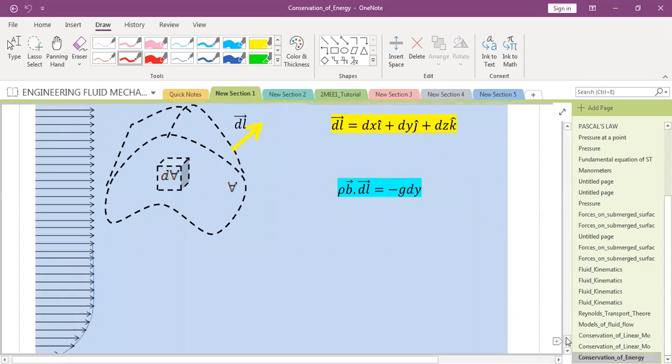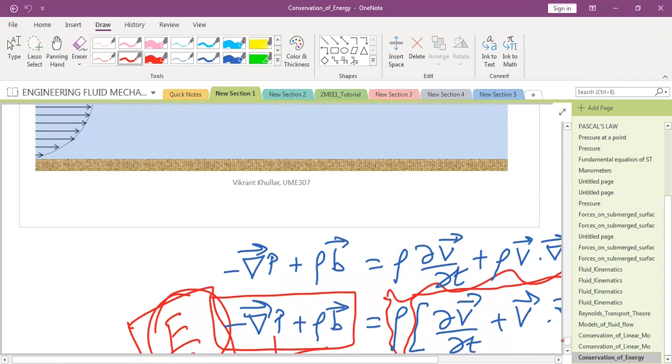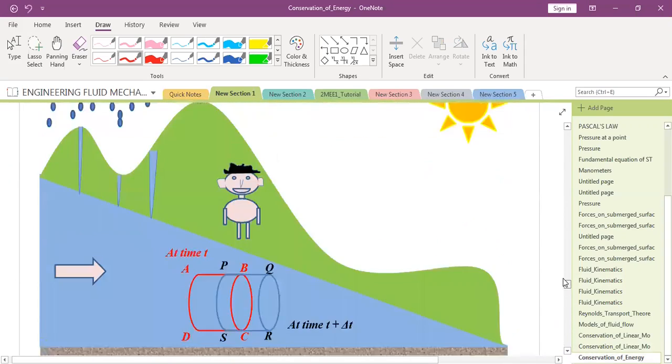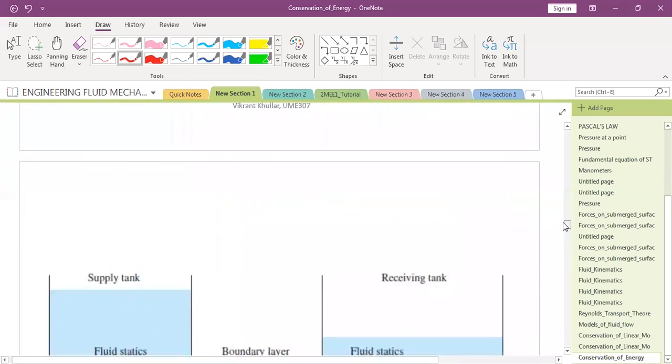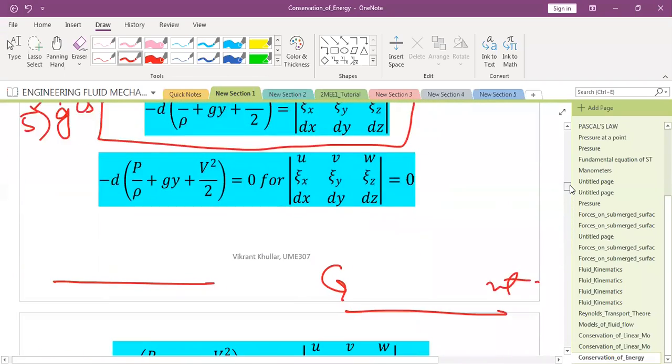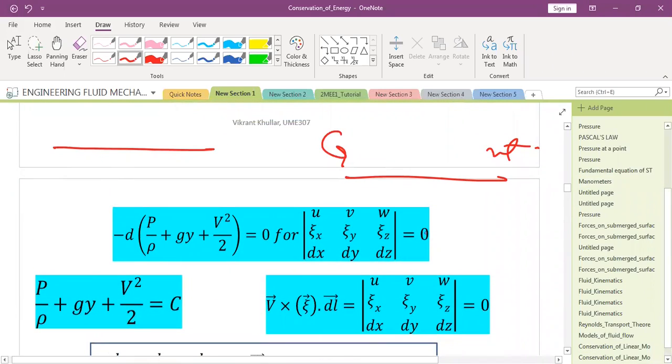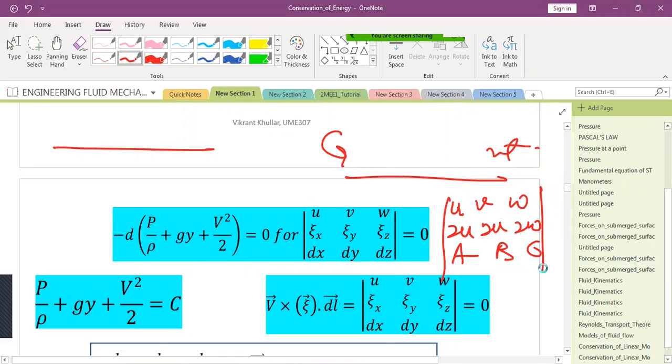So if I have, wait for a second, something has gone wrong. Say I have u, say I write down here u v w, 2u 2v 2w, say a b c. Will this determinant be zero or not?